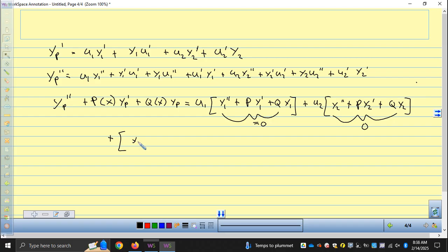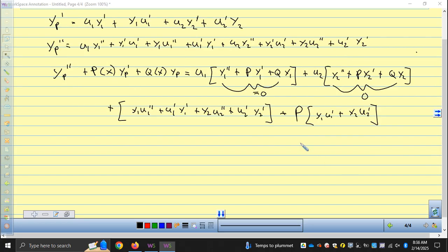Plus y1 u1 double prime, plus u1 prime y1 prime, plus y2 u2 double prime, plus u2 prime y2 prime, plus p times y1 u1 prime plus y2 u2 prime, plus one last term, y1 prime u1 prime plus y2 prime u2 prime.